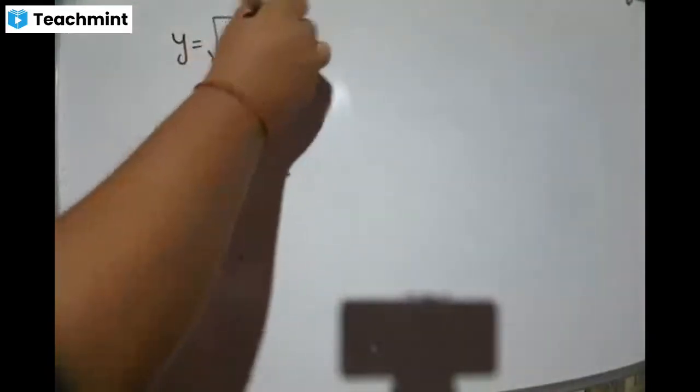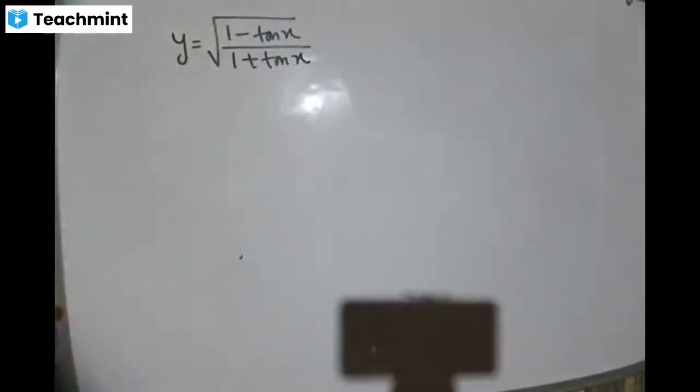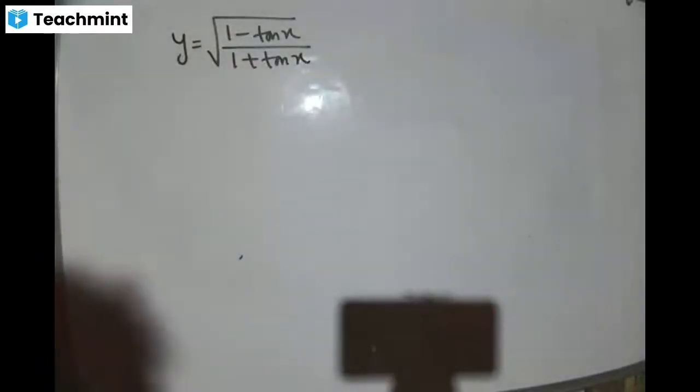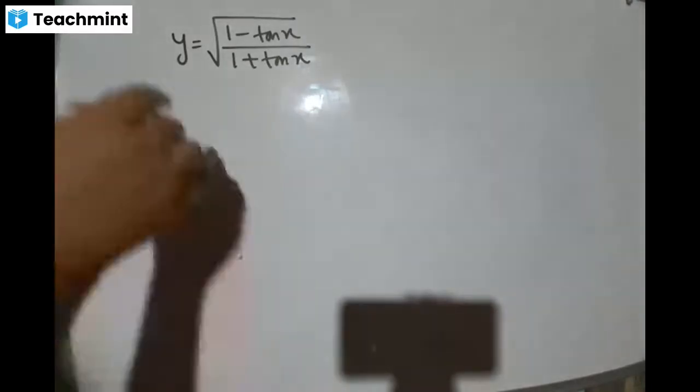So next, another important question. Whenever you see tan, so y equals under root 1 minus tan x divided by 1 plus tan x. Now look at this. This is also a conjugate pair. One is 1 minus tan x, the other one is 1 plus tan x. So whenever you see a conjugate pair involving tan, you need to convert this into tan a minus b.